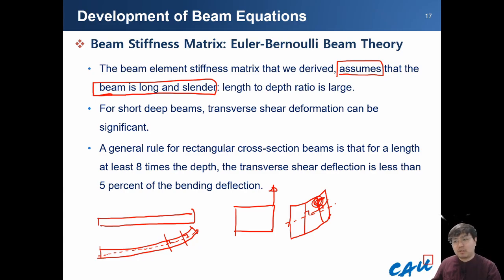So that perpendicular assumption does not match anymore in a very short and thick beam structure. At that time you should change the theory. This is the Timoshenko beam theory.